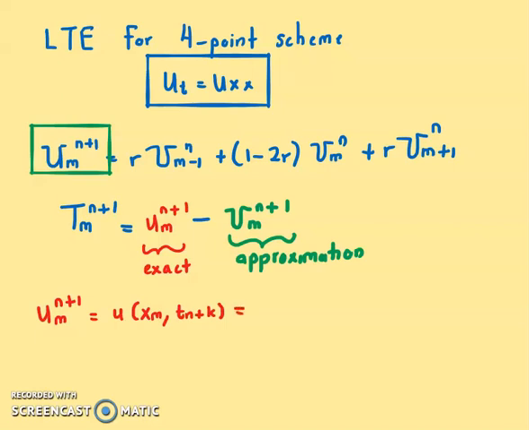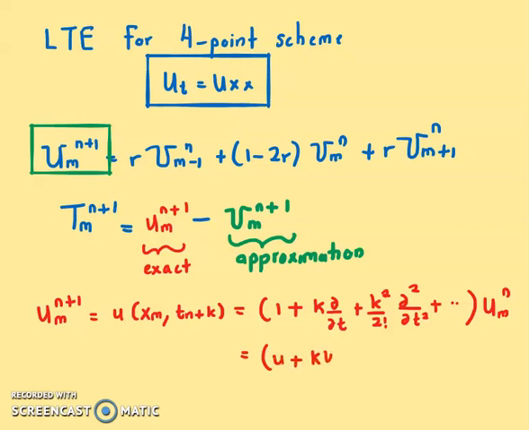Now expanding this in terms of series will give you 1 plus k partial over partial t plus k squared over 2 factorial partial squared over partial t squared, and so on, applied to u_m^n. In other words, I can write this as u plus k u_t plus k squared over 2 factorial u_tt, evaluated at m, n. Okay, this is the exact solution.